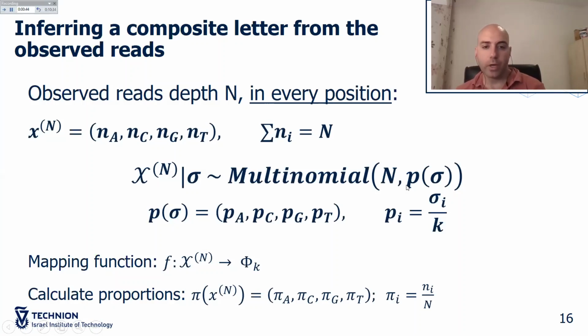And what we want to come up with is a mapping function that will allow us to map every observed count vector to the correct composite letter from our alphabet.